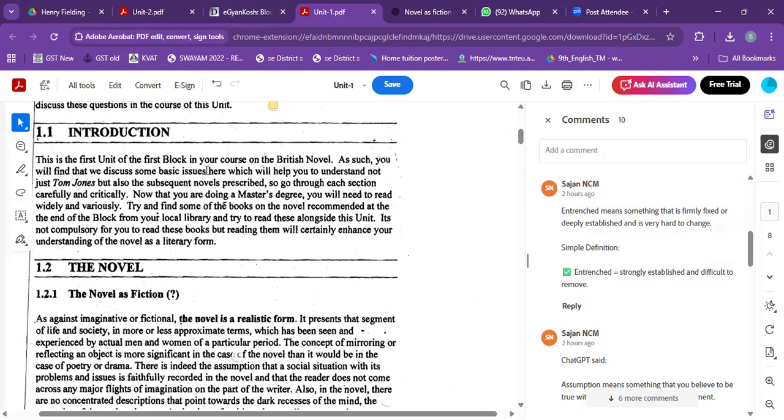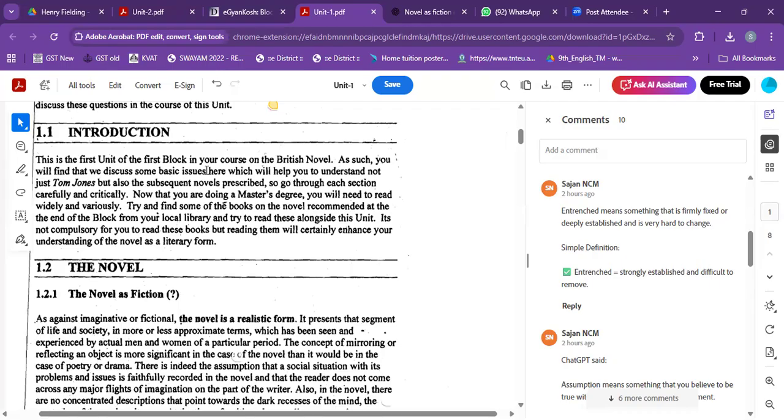Now you're doing a master's degree, you will need to read widely and variously. So you have to be a reader who just reads and reads and reads, and you have to spend a lot of time reading. You may not get enough time for that, but you have to find your own time.